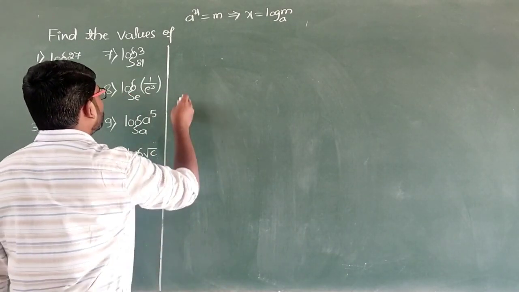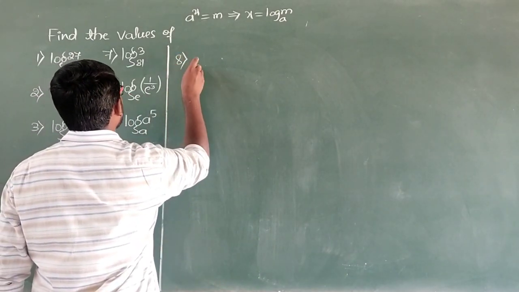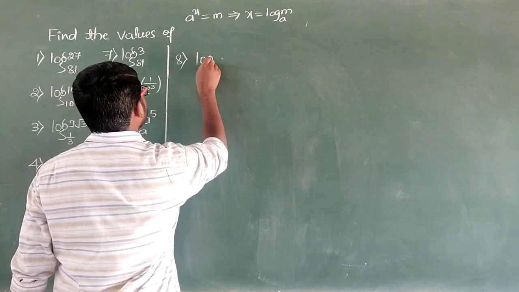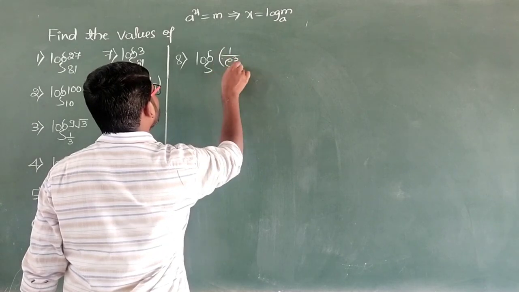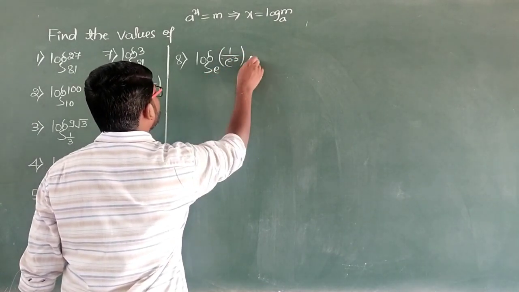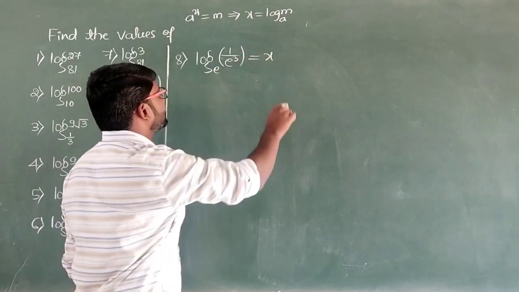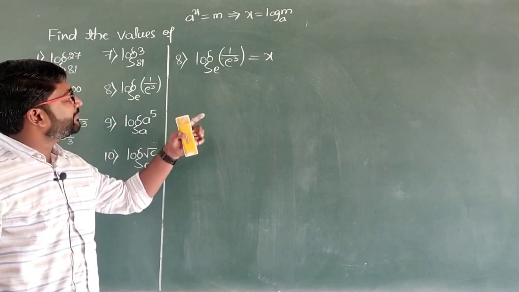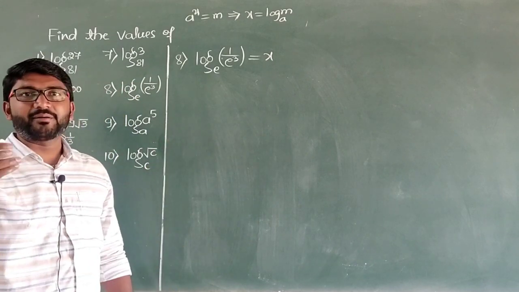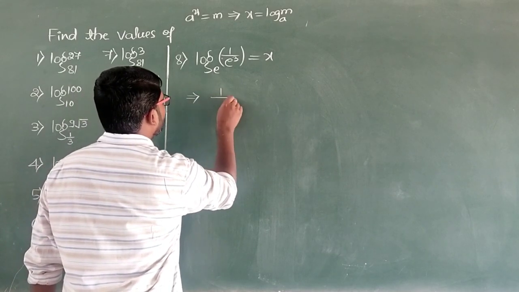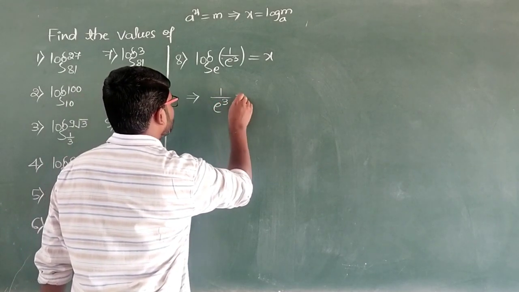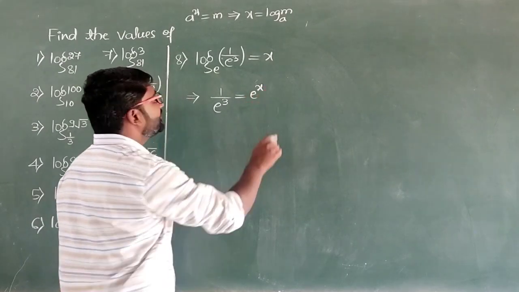Then question number 8, log 1 by e cube to the base e, I take this as x. Then now 1 by e cube becomes e power x. This implies 1 divided by e to the power 3 is equals to e to the power x.